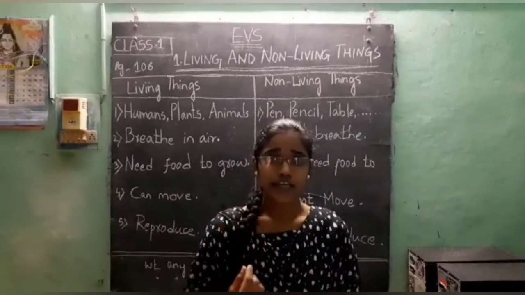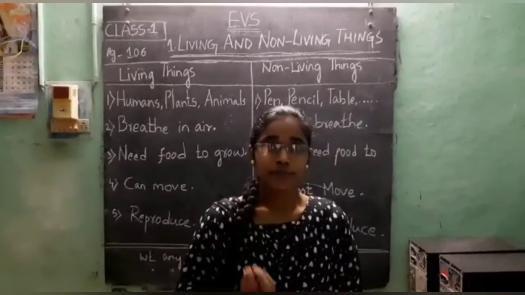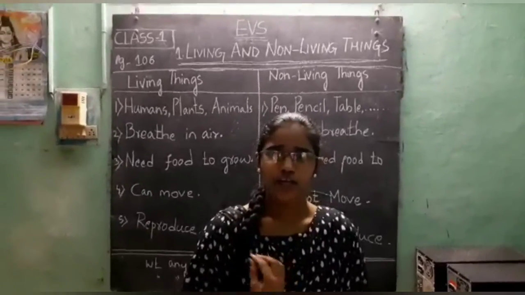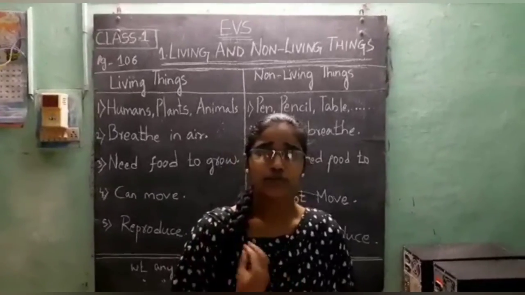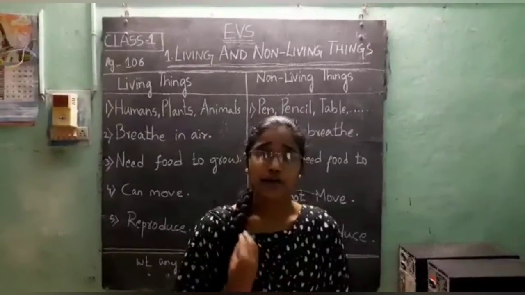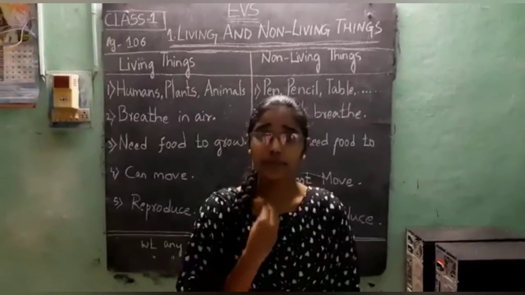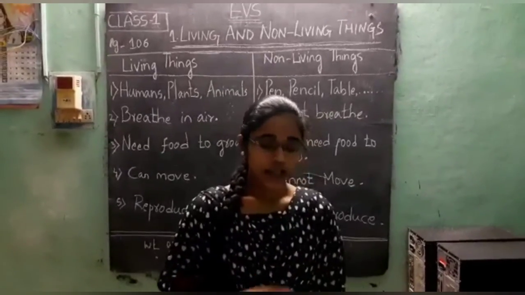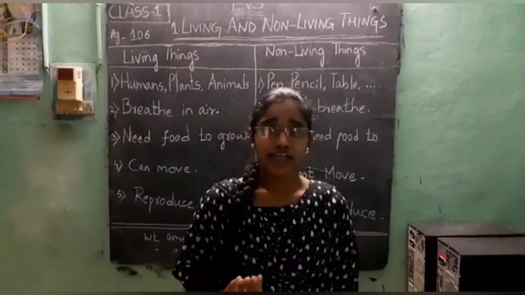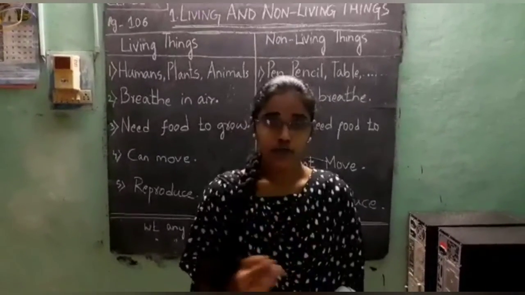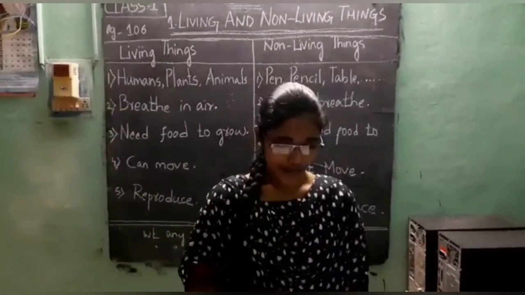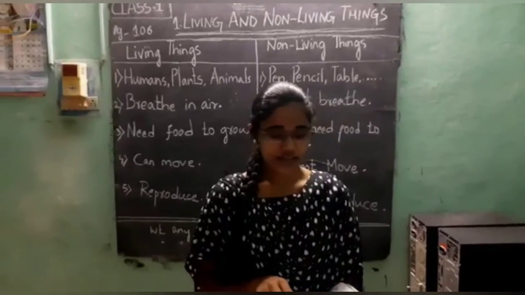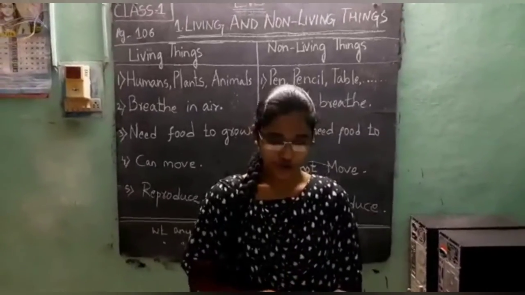What do you eat every day? We need chapati, we need breakfast, we need lunch. We have a meal every day. So humans and animals need food to grow, whereas non-living things do not need food to grow.